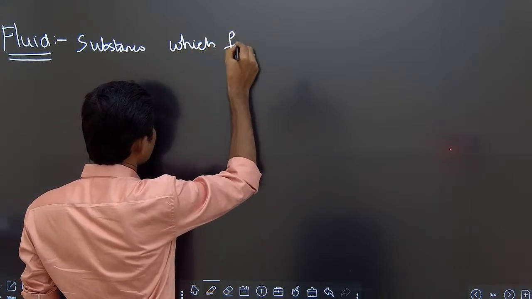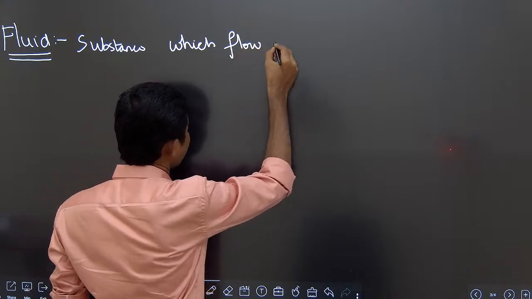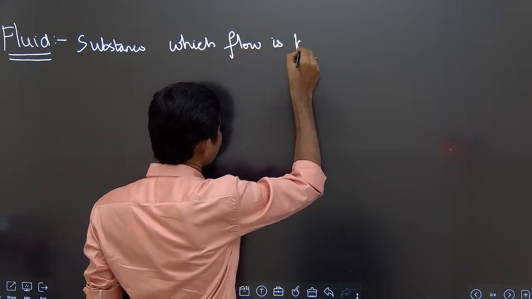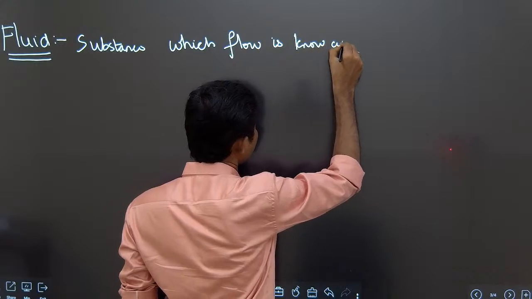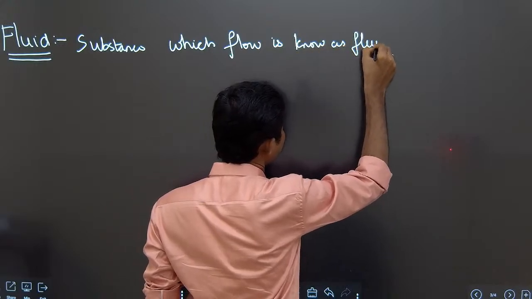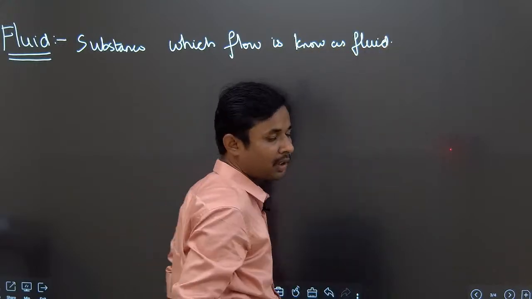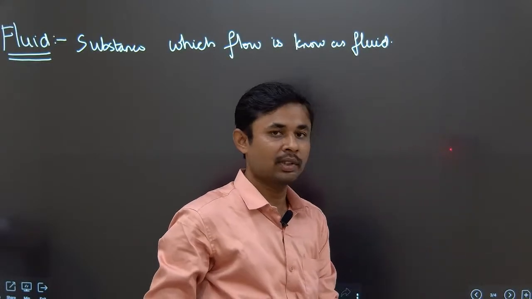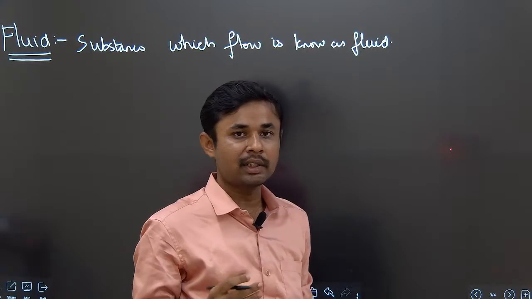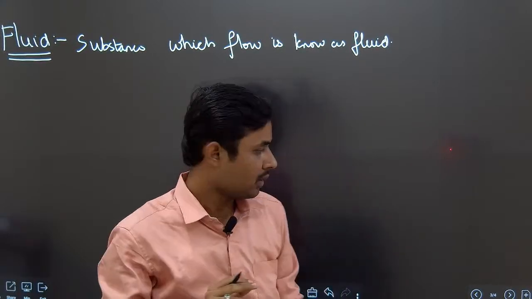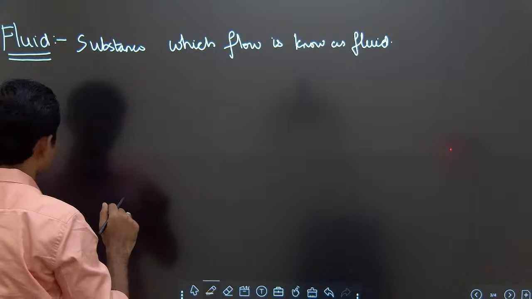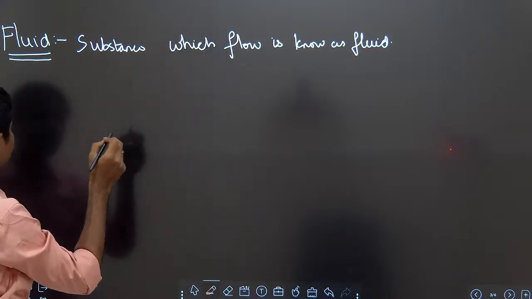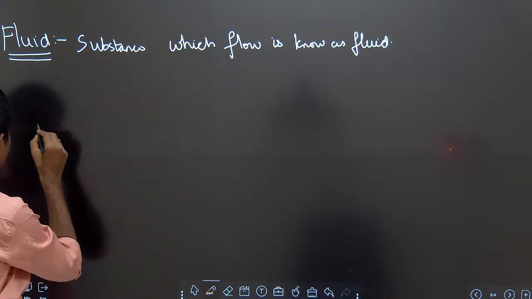That is the general definition, not a technical definition. In the technical definition, we will define it in a different way. Before that, I would like to explain the difference between solid deformation and fluid deformation.